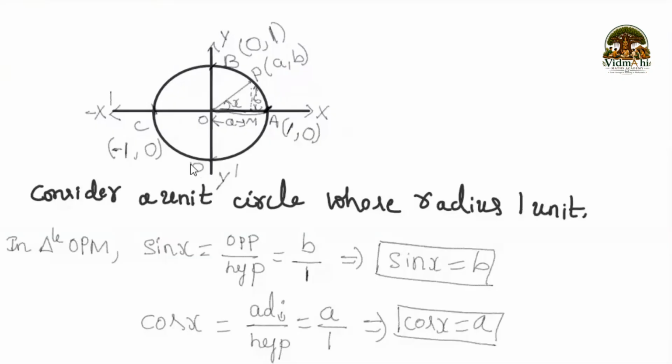Next, coordinates of D. Since D lies on negative y-axis, x coordinate is 0 and since it lies on negative side and OD distance is 1 unit, so 0 comma minus 1. Now the coordinates of A, B, C, D are 1 comma 0, 0 comma 1, minus 1 comma 0, 0 comma minus 1 respectively.